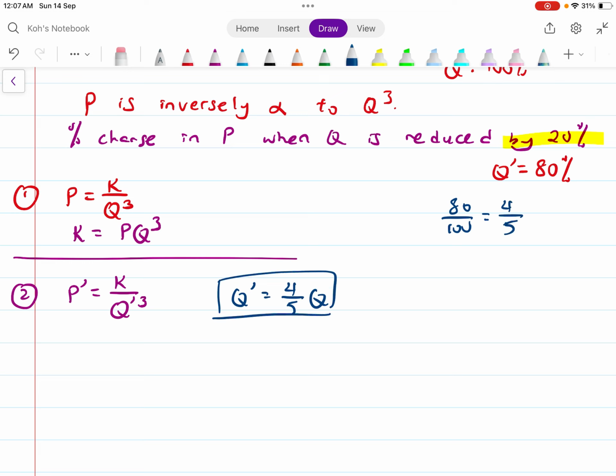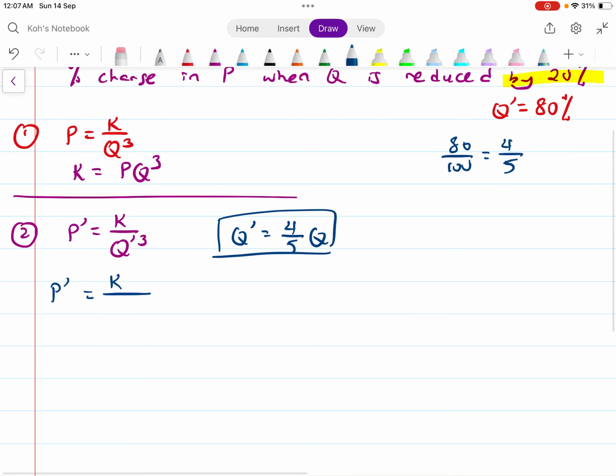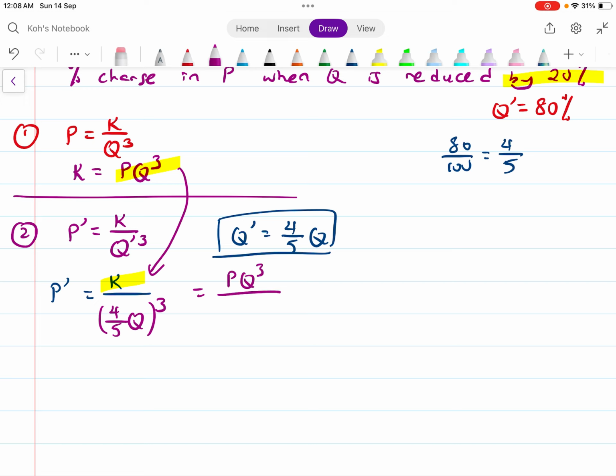So I put P prime is equal to K over Q prime cubed, which is 4 over 5 Q to the power of 3. Because K is actually P Q cubed, I put that in, so I get P Q cubed over the bottom part.